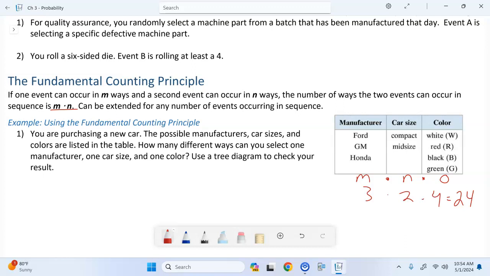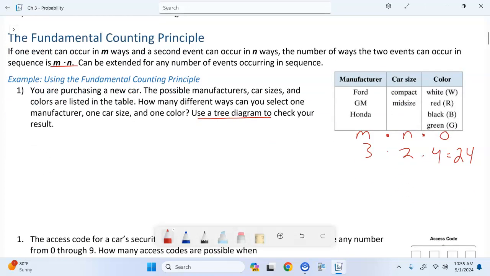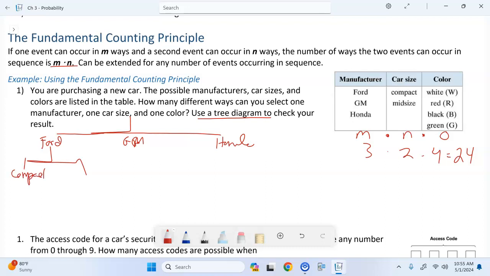If we want to use a tree diagram to verify that, you don't have to write this down, but just know where it's coming from. If we're starting with the manufacturer, we have 3 different manufacturers we can choose from. We can choose Ford, GM, and Honda. Then for each of those, we can choose either compact or midsize.